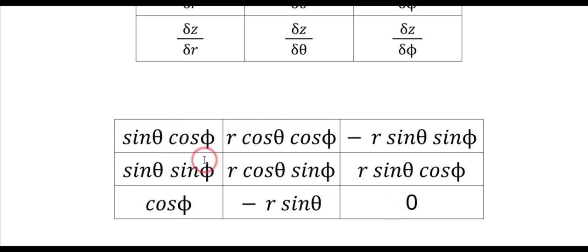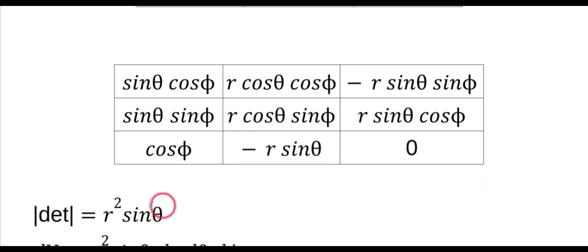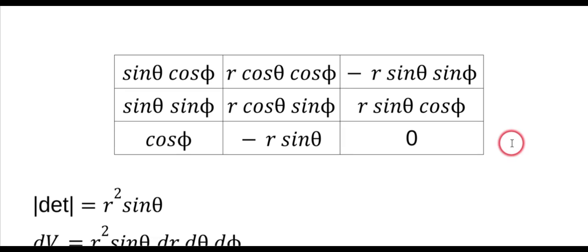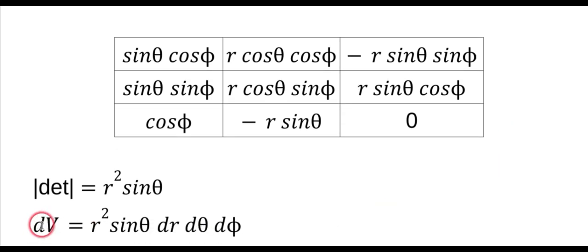That's where I went to an online matrix calculator and did it. I wasn't going to do that by hand. And the determinant was actually non-negative. That's why they tell you to take the absolute value: r squared sine theta. So the volume dV is the determinant of that Jacobian times, instead of dx dy dz, dr d theta d phi. Now, I had to look that up.